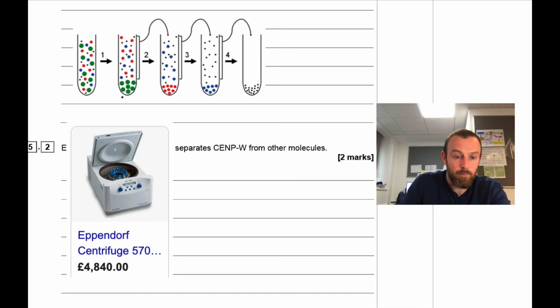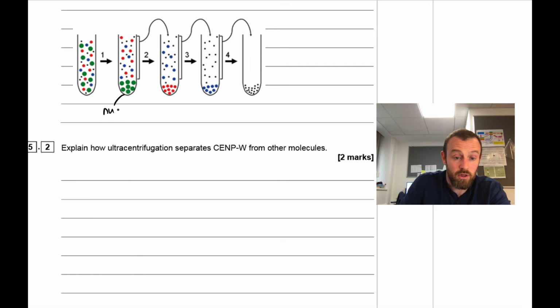The thing that would sink to the bottom first is the nucleus, and then we take the supernatant, which is the liquid part, and we put it in a new tube and spin again at higher speed. The thing that then comes next, if it was a plant cell, would be the chloroplast. And then the thing that comes next, in any cell, would be the mitochondria, and so on and so on.